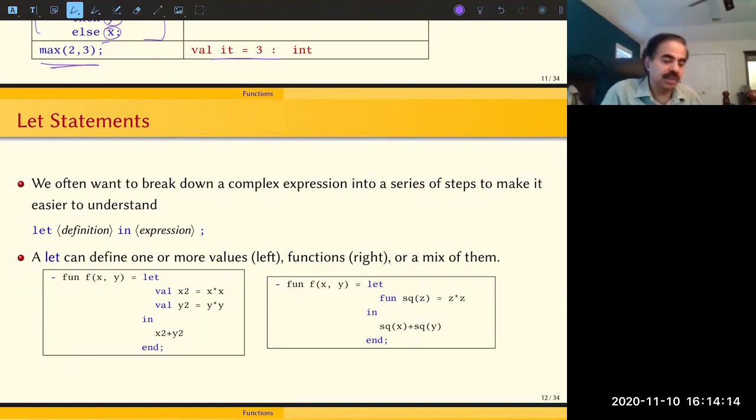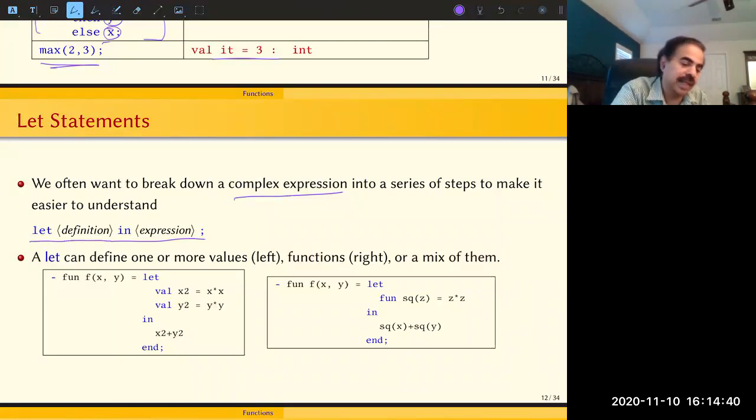We are just going to learn one more construct before getting into more complex functions. Sometimes, instead of writing a very complex expression, you want to break it down into a series of steps. And for that, you use what is called a let statement in Standard ML.